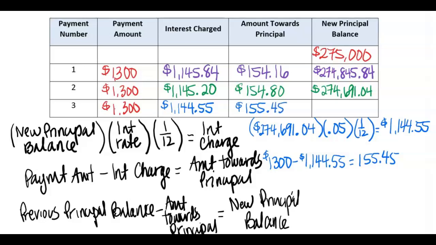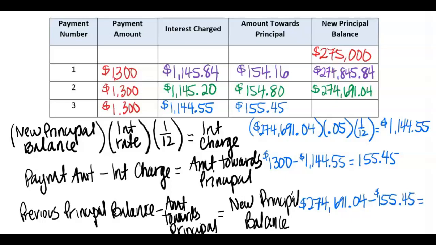To find the new principal balance, you start with the previous principal balance, which is $274,691.04 minus the amount towards principal, which is $155.45.